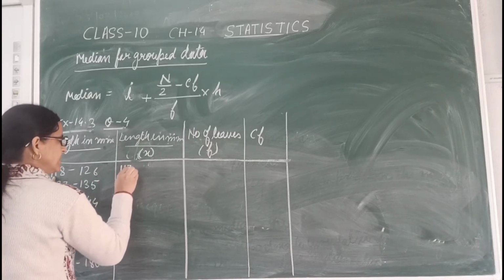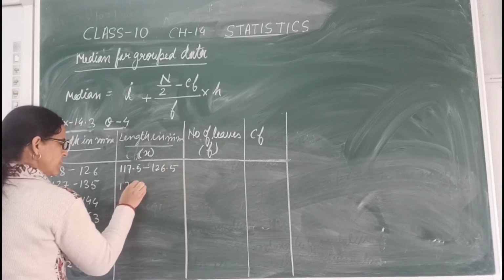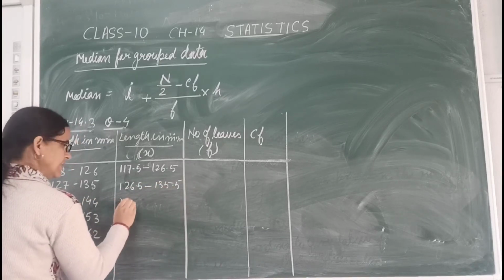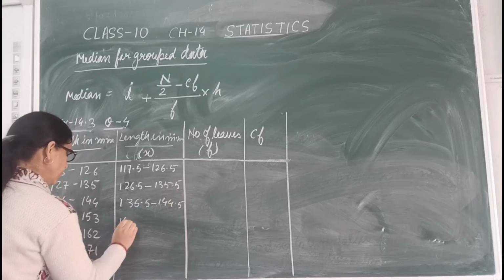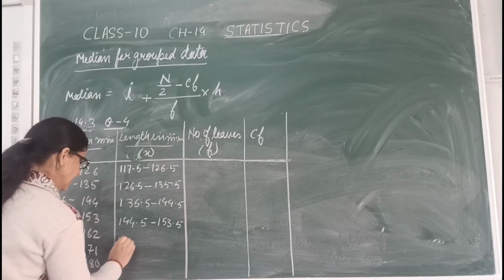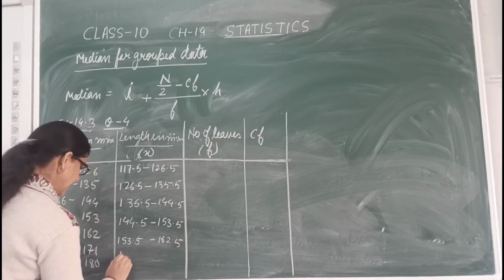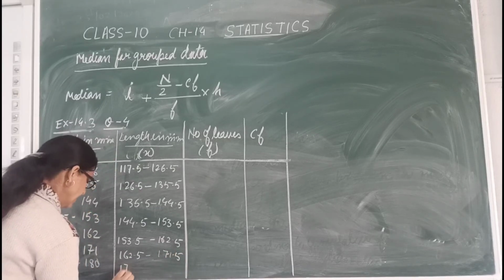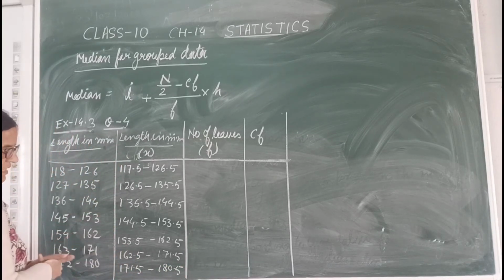So this will be 117.5 to 126.5, 126.5 to 135.5, 135.5 to 144.5, again 144.5 to 153.5, again 153.5 to 162.5, and the second last, 162.5 to 171.5, again 171.5 to 180.5. So we have made it continuous.